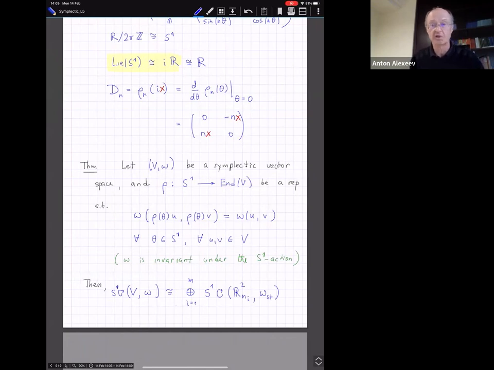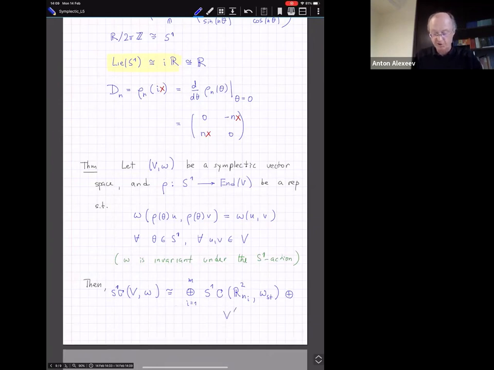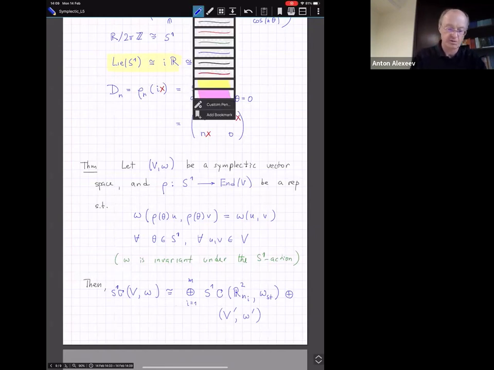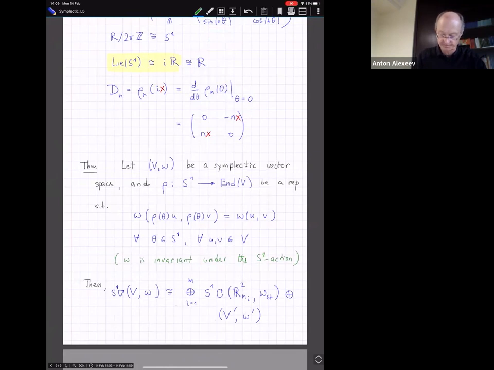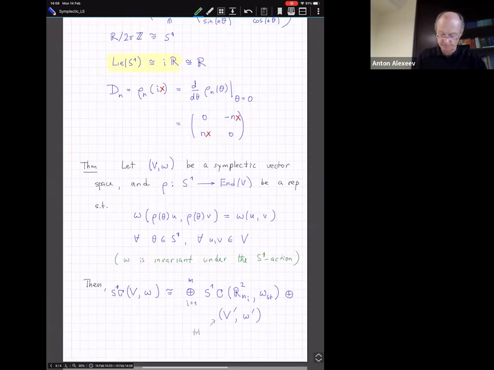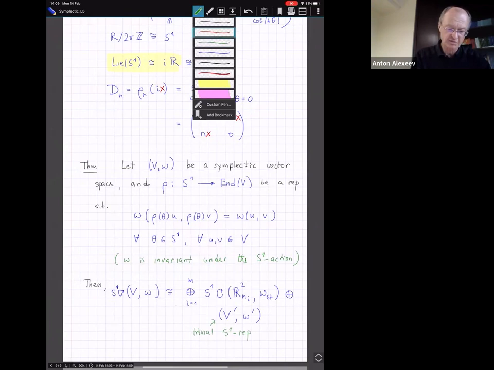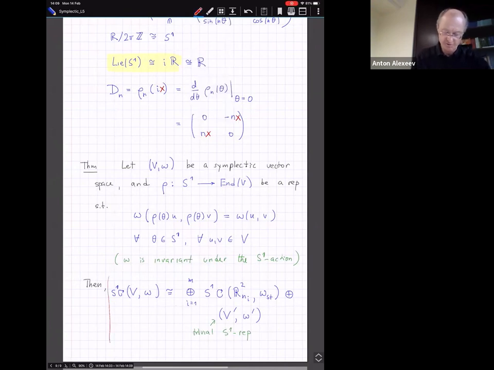So we can equip R2 with that symplectic structure, and then we add V prime, which is a trivial representation with some symplectic structure, omega prime. So this is a trivial S1 rep.